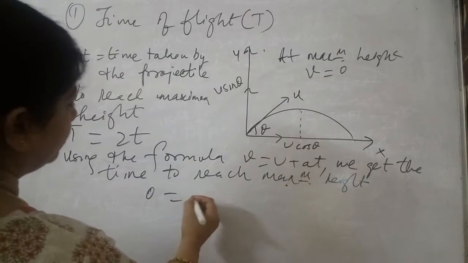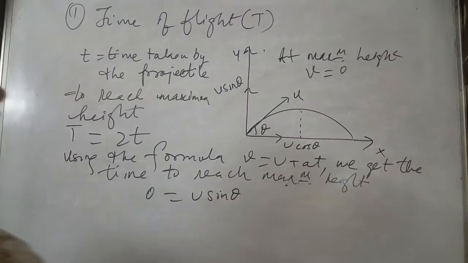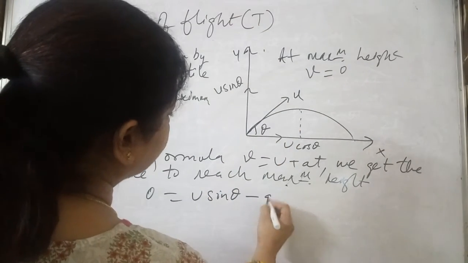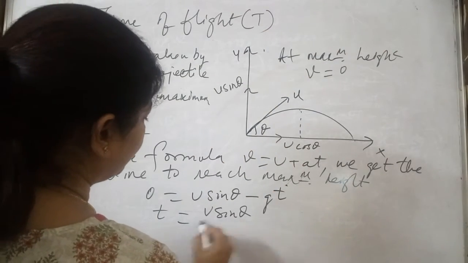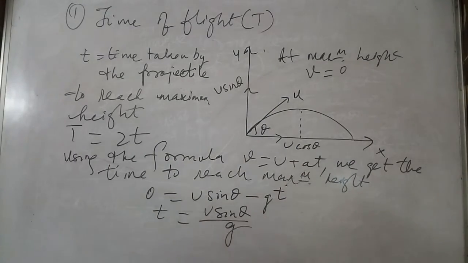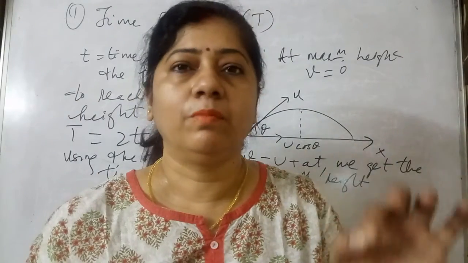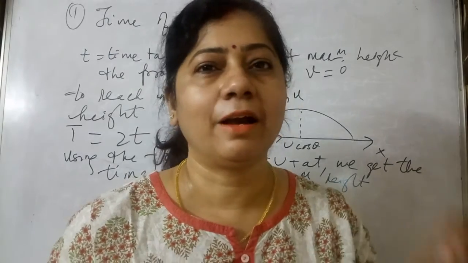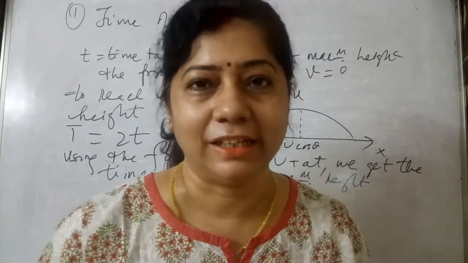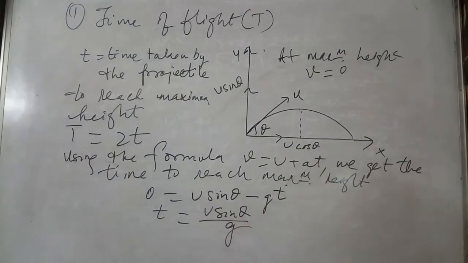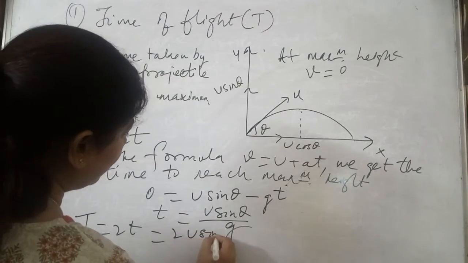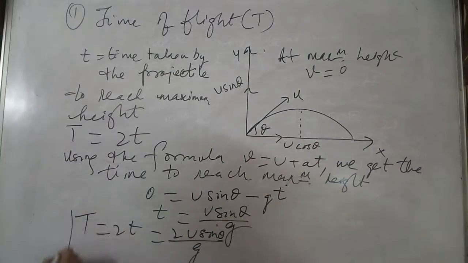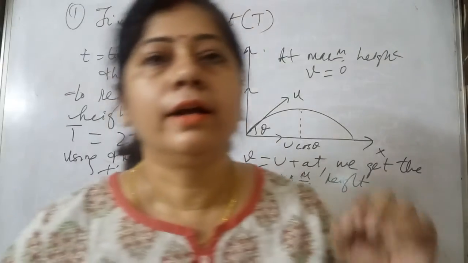Instead of u, we write u sin theta, and since the body is thrown up, it is minus gt. So we get t equals u sin theta by g. But we are interested in the complete time, the time of flight, which is 2t. So let us multiply it by 2: the total time of flight T equals 2t, so it is 2u sin theta by g. This is the formula for the time of flight.